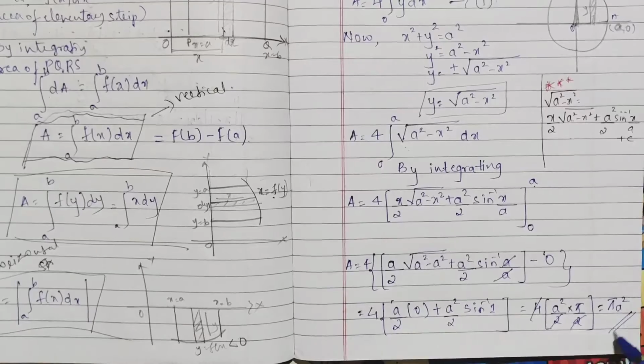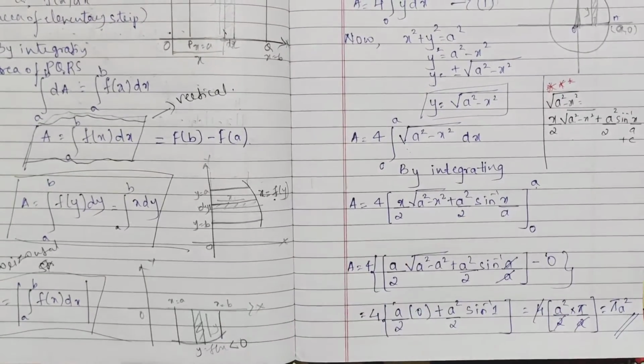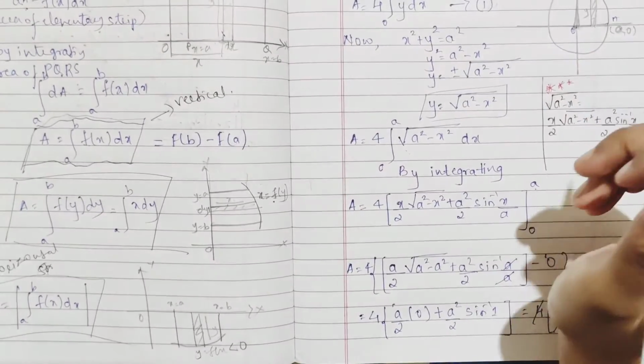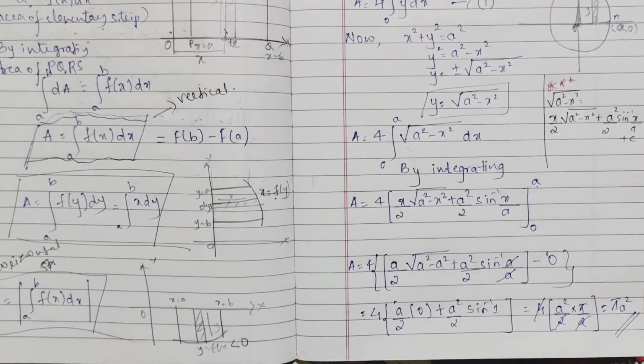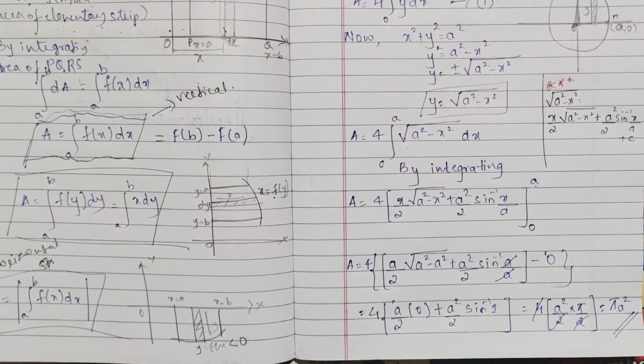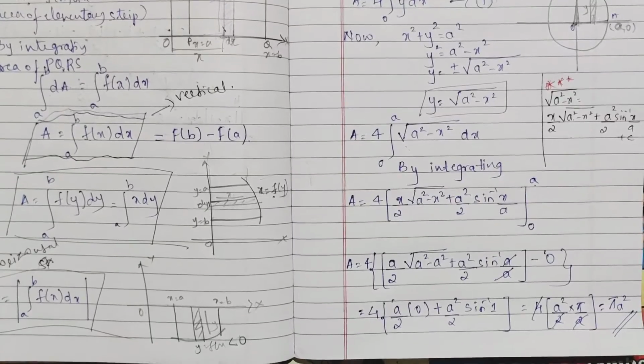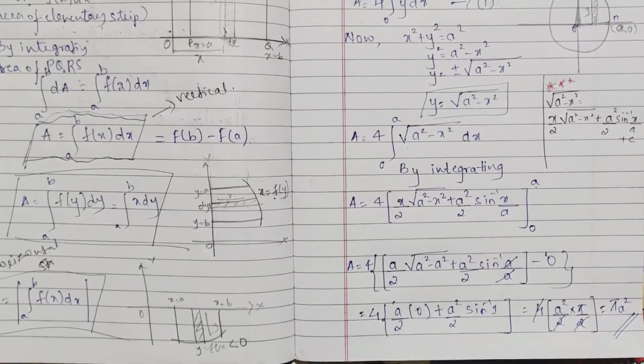Am I clear? It's very easy, it is the same as the integrals; you just have to apply it properly and consider the areas. I hope this is clear and you have understood it. Like this you have to find it.